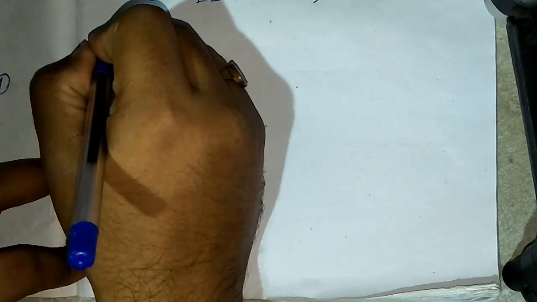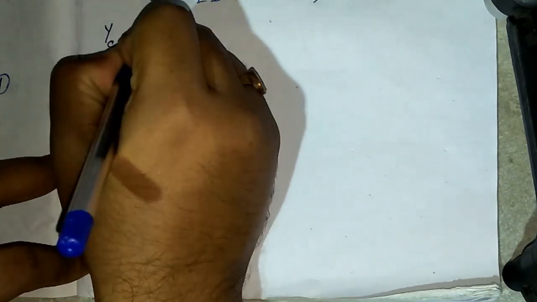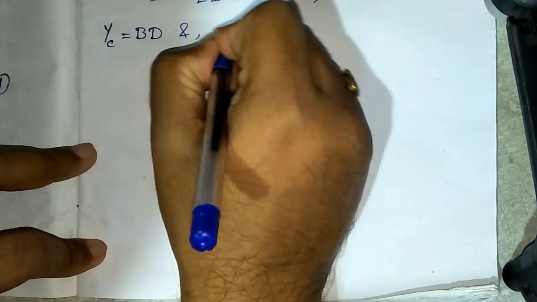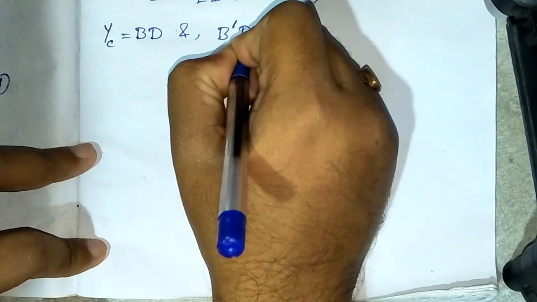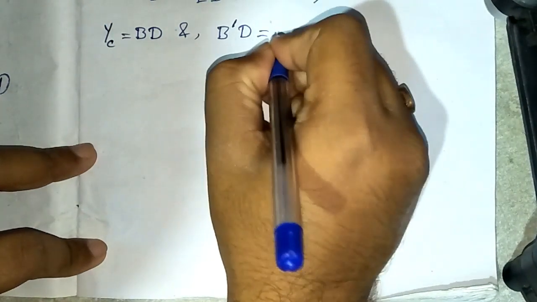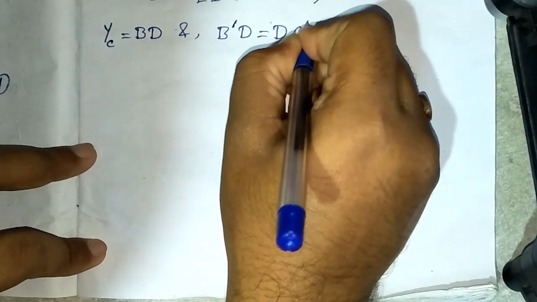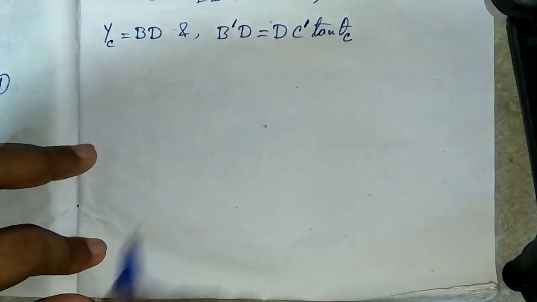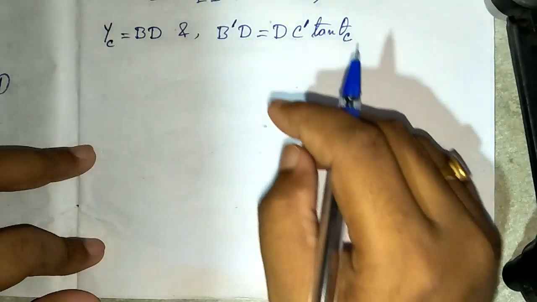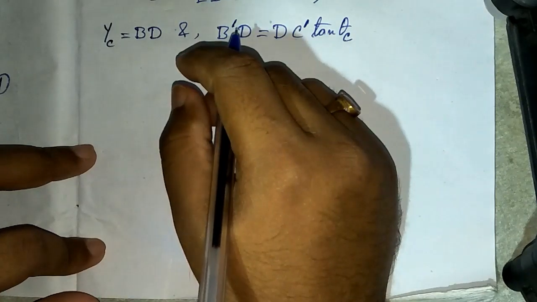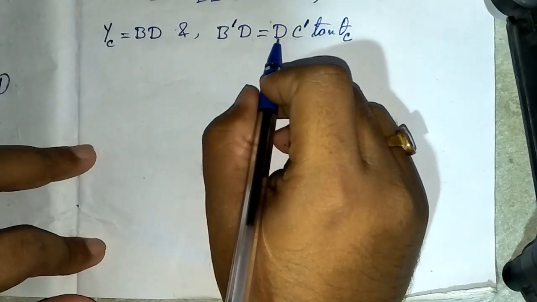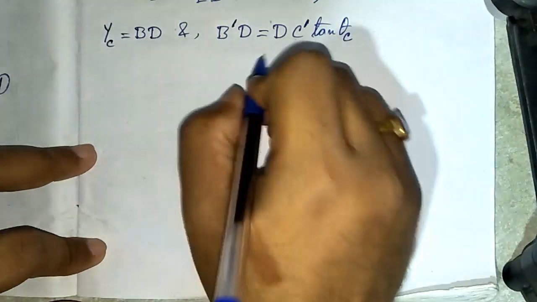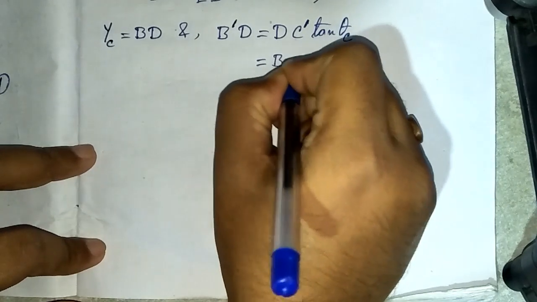So we can write YC equals BD, and the value B dash D is equal to DC dash tan theta c. We can write DC dash as the value BC, since these are the same length.